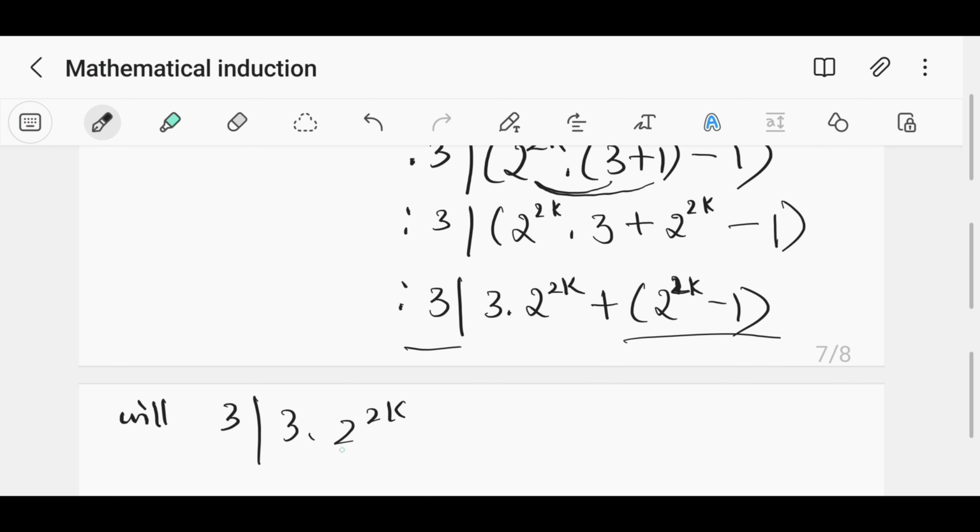So of course, if you divide 3 into 2 to the power 2k by 3, what do you get? 3 goes in 3 once and you will be left with 2 to the power 2k. We do not know whether that is also divisible, but it is divisible at least once. So 3 divides 3 into 2 to the power 2k, yes, it is divisible.